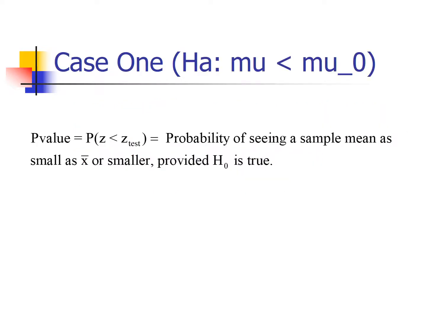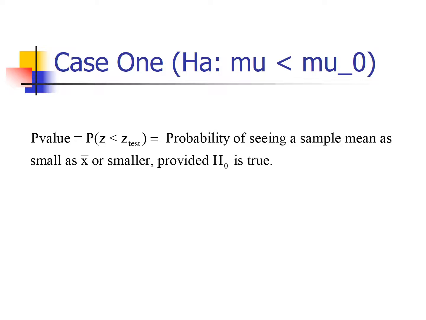So, case 1, I wrote up what that is just to remind you. That's that the mean is less than mu naught. In this case, if it's a well-specified hypothesis, and we have every reason to believe that the true mean is less than our hypothesized mean, then our sample mean should be less than our hypothesized mean.